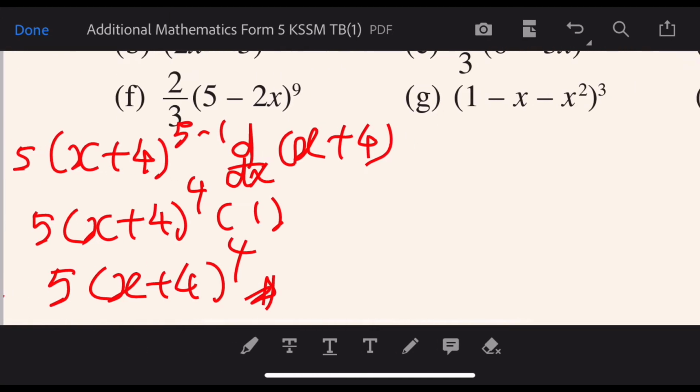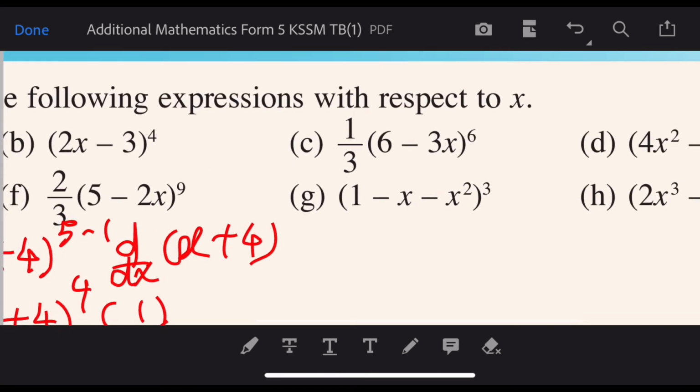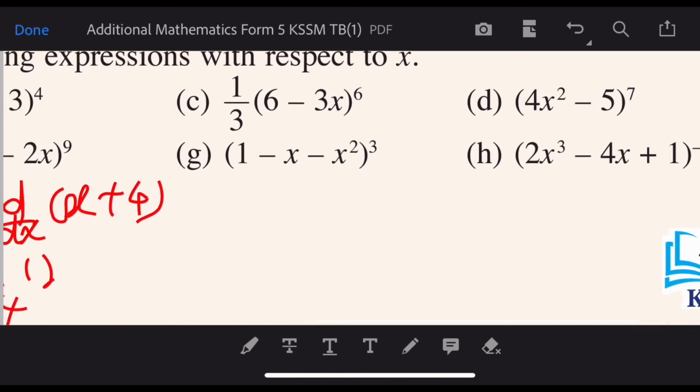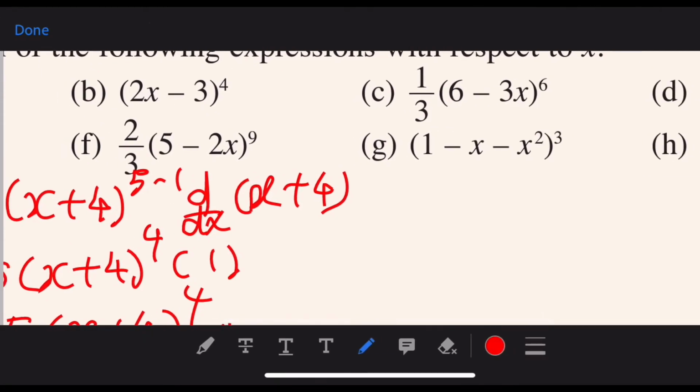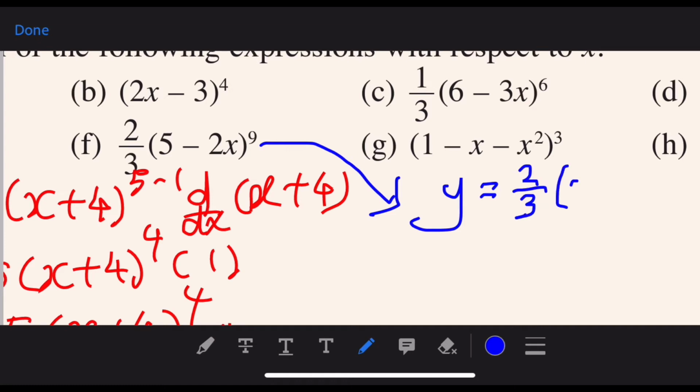All right, let's discuss another one. I would like to discuss f. This one looks a bit challenging. Okay, let me show you how to do it. You can always assign like this: y equals 2 over 3 times 5 minus 2x to the power of 9, right?